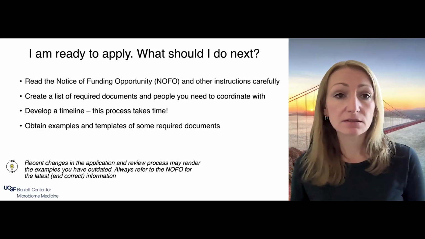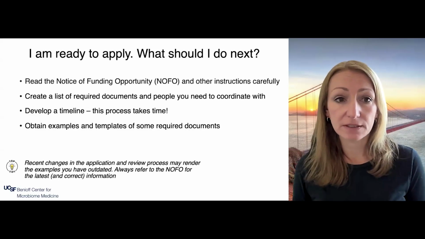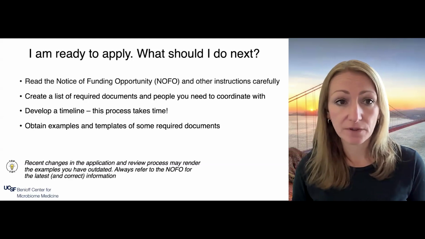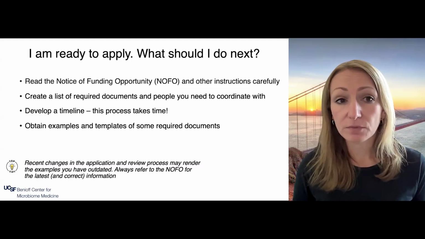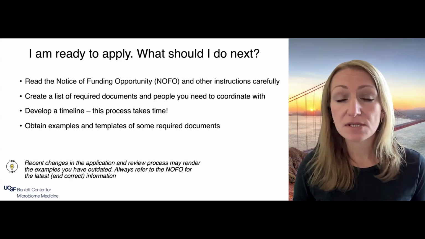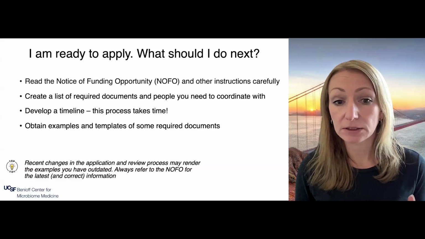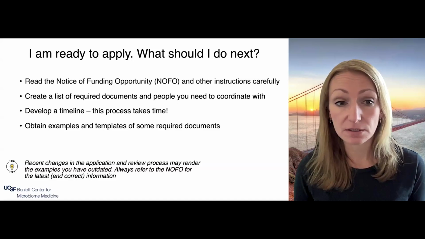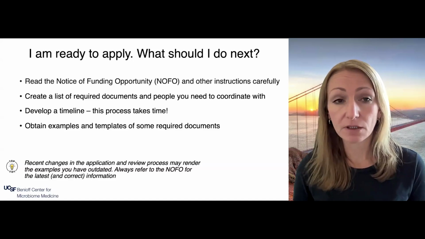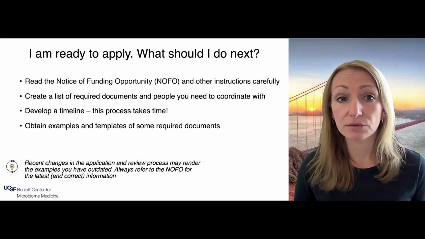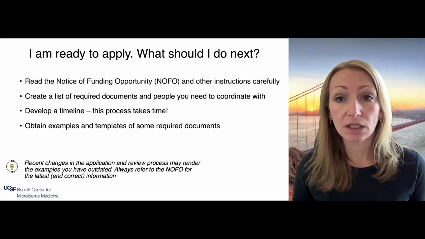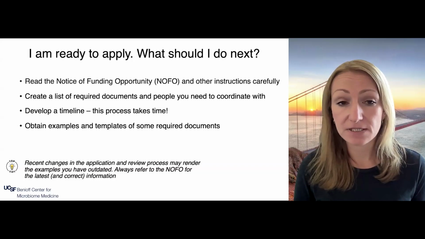So you decide that you're ready to apply. So what should you do next? First and foremost, you really need to get yourself familiar with all the requirements that are needed to fulfill this submission. Usually that's found in the notice of funding opportunity and other instructions that are tied to this notice of funding opportunity.